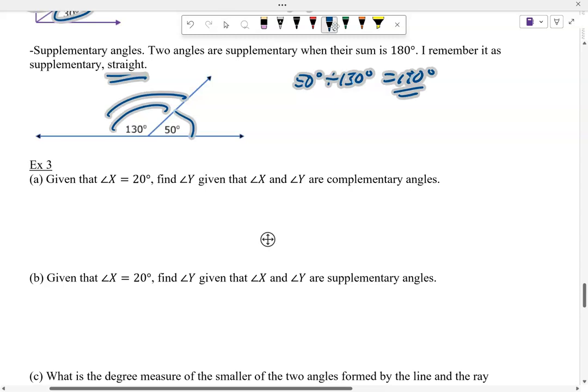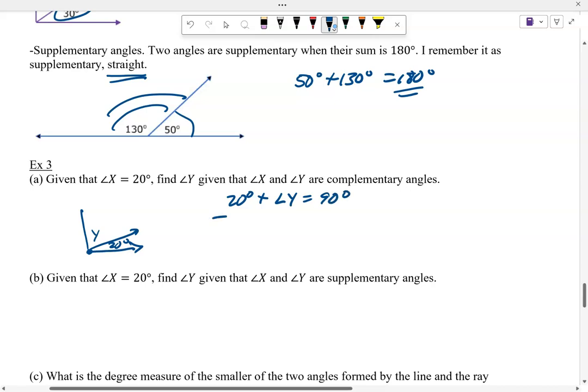Given the angle x, so we've got angle x is 20 degrees, and angle x and y are complementary. So here's angle y right there. They must add up to 90. So 20 degrees plus angle y are complementary. So angle y has got to be 70 degrees.